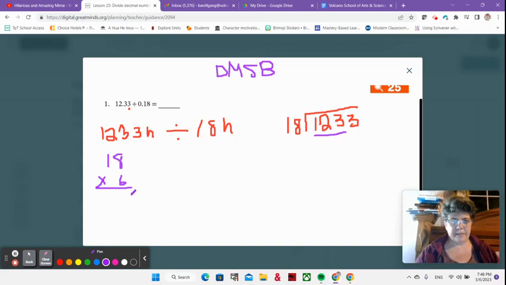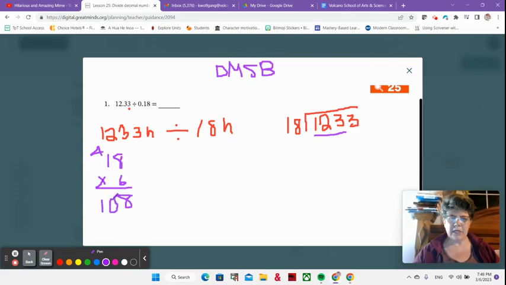Okay? 6 times 8 is 48. Carry the 4. 6 times 1 is 6 plus 4 is 10, so 108. I don't think I can fit 18 more in there, but let's just put 18 times 7.